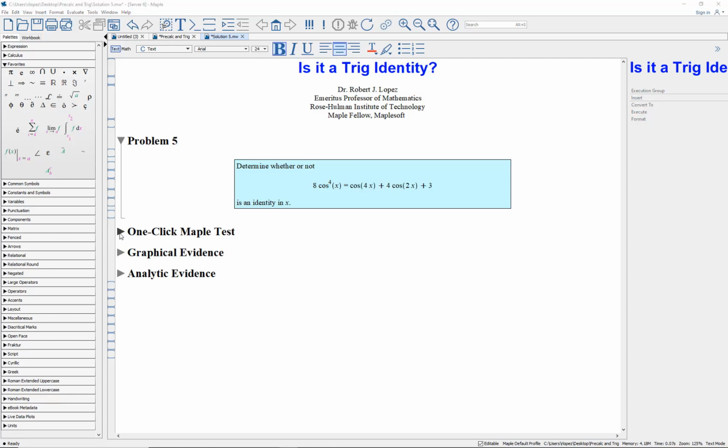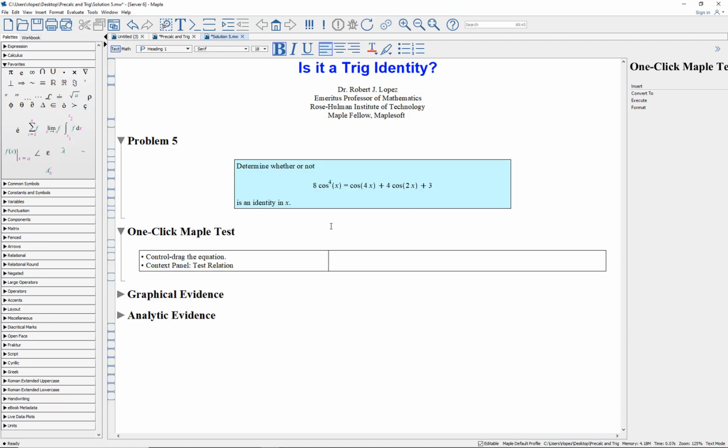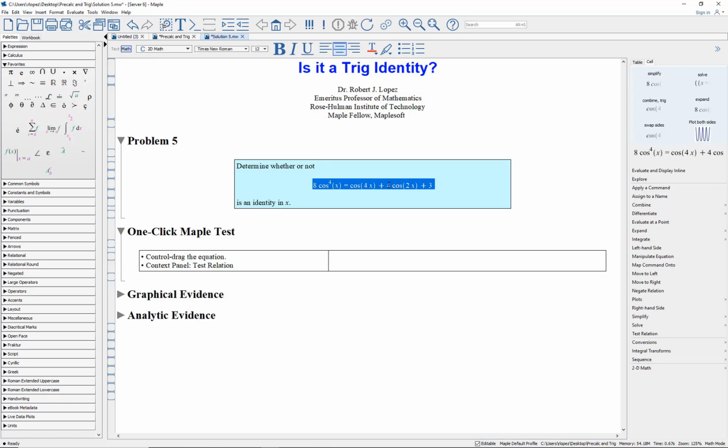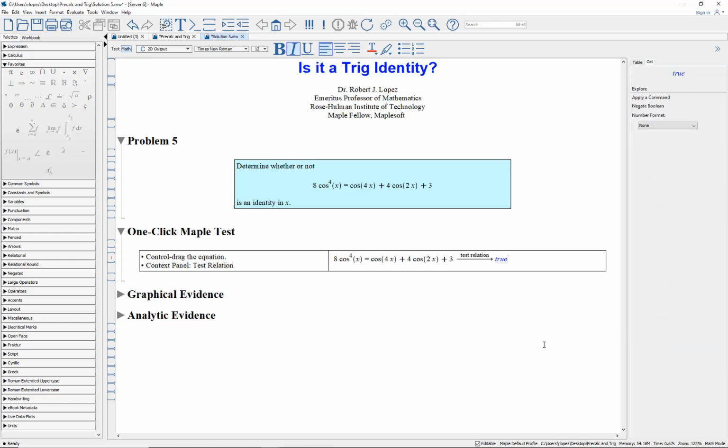There is in the context panel an option to have Maple tell you straight off whether or not this is an identity. And so it's this option, test relation. Now Maple says true. And at this point I would say, well, this is some evidence tilting the needle over towards, yeah, this is an identity.